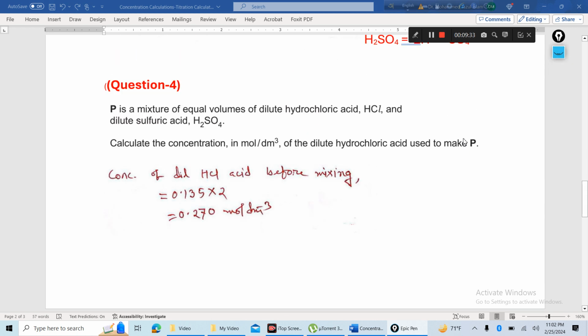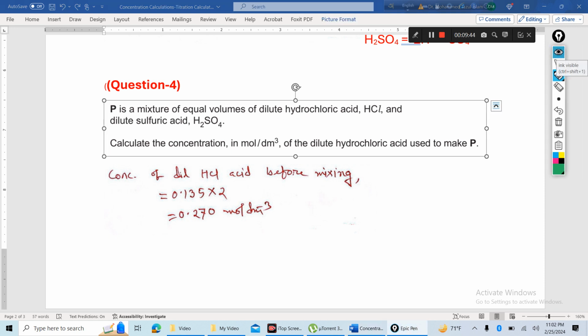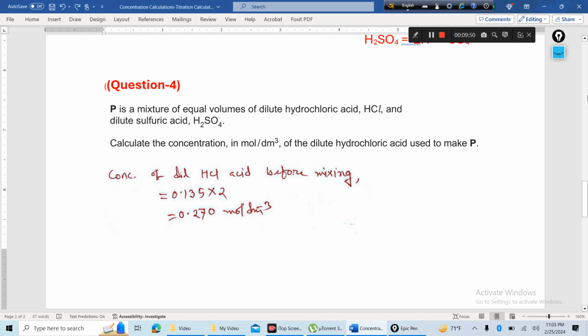Now 4. P is a mixture of equal volumes of hydrochloric acid and sulfuric acid.